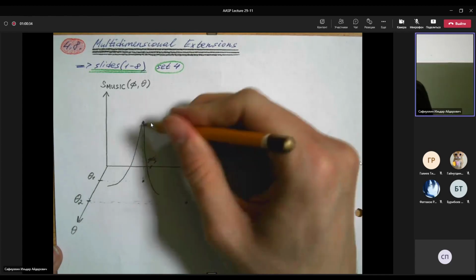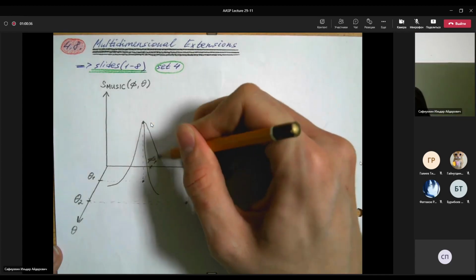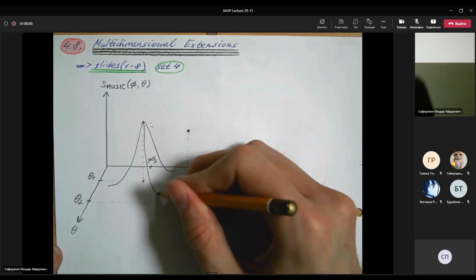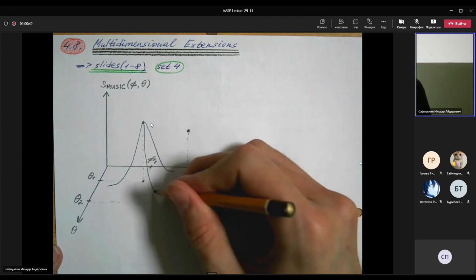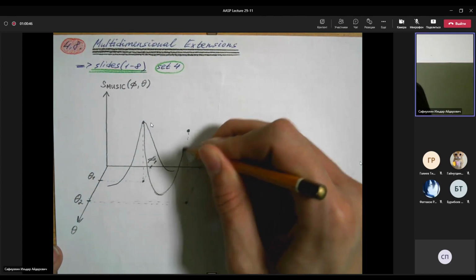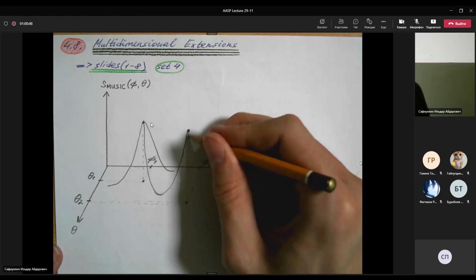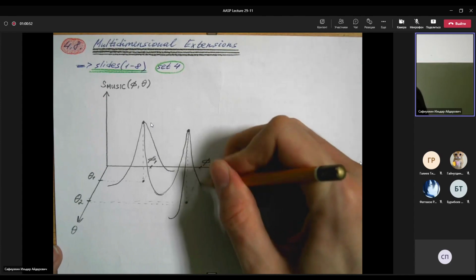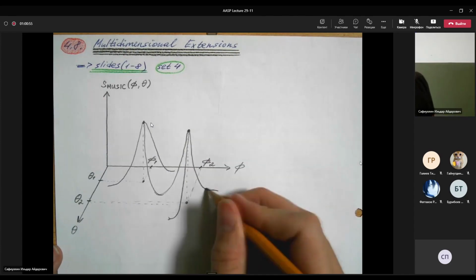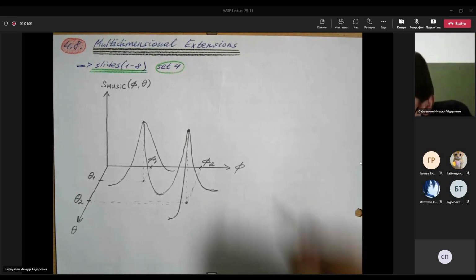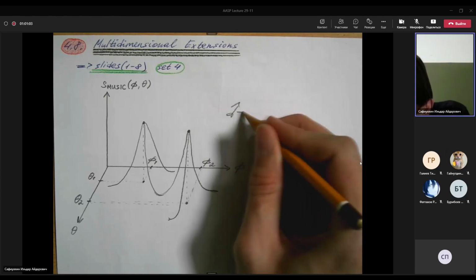Let's try to connect these two values. And of course, the estimate of G is equal to 2.